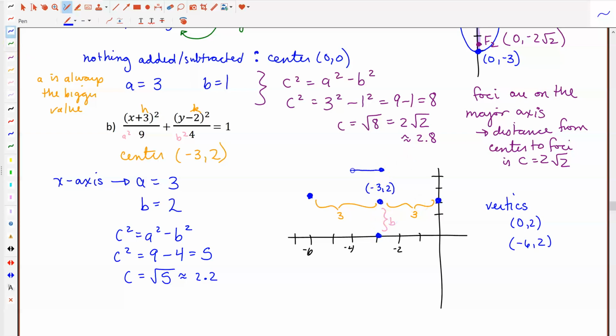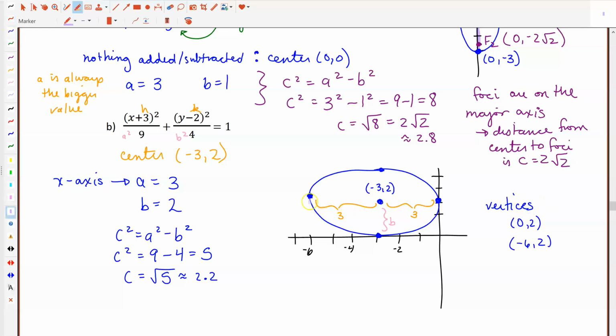So then we can sketch our ellipse. What do I still need? I got my center, I got my vertices. Oh, that's not how you spell vertices. We need the foci, right? For the foci, again, they're going to live on the major axis.